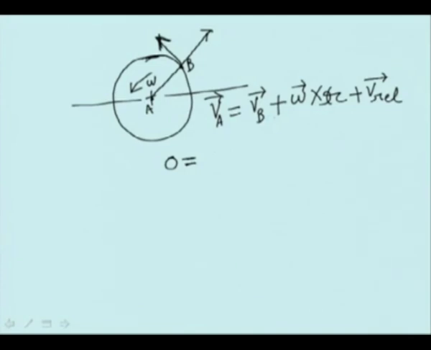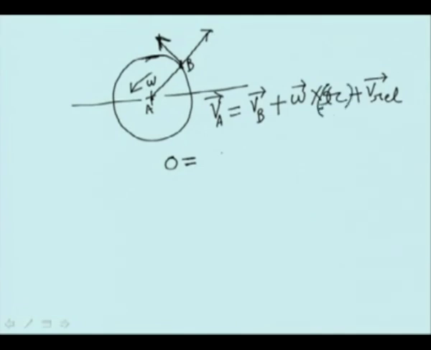Now, in this case, I have fixed an axis system here at this point, therefore I have to take this r as minus r.